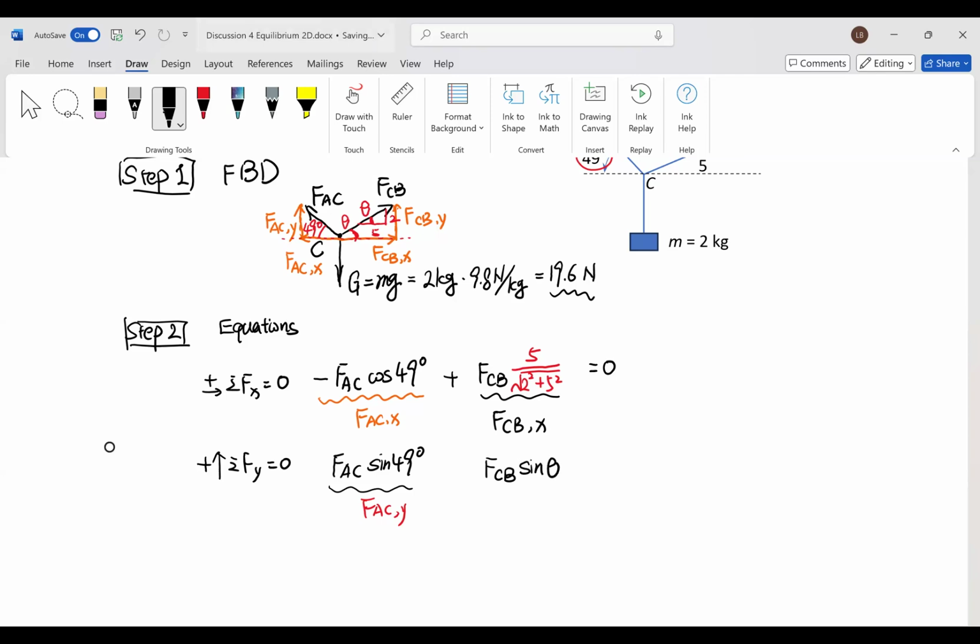To get this sine theta, we need to go to the small triangle here. For the small triangle, for theta, the 5 is the adjacent and 2 is the opposite. By definition, sine theta is the ratio between the opposite and the hypotenuse.